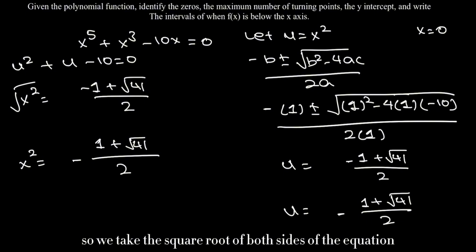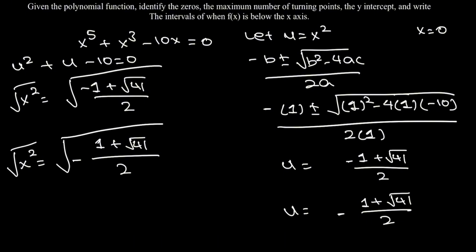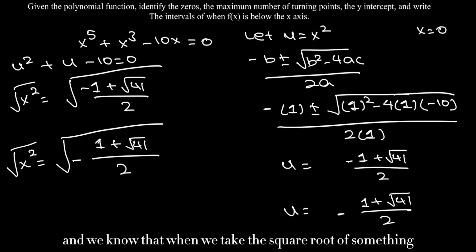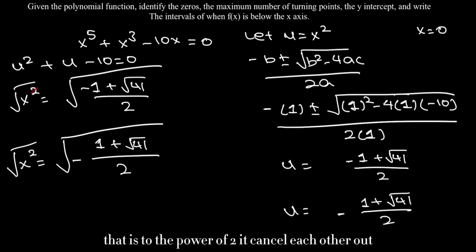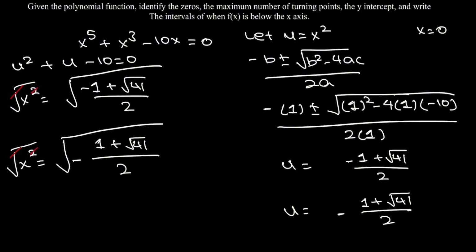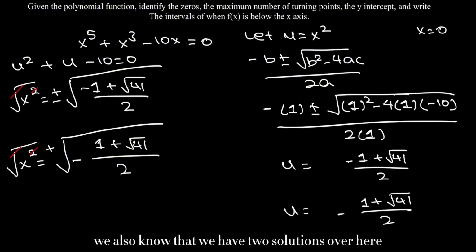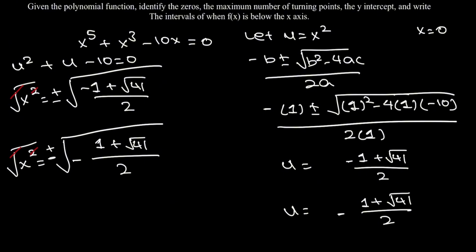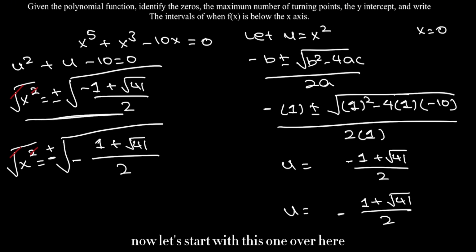So we take the square root of both sides of the equation, and we know that when we take the square root of something that is to the power of 2, it cancels out. We also know that we have two solutions over here. Now, let's start with this one over here.